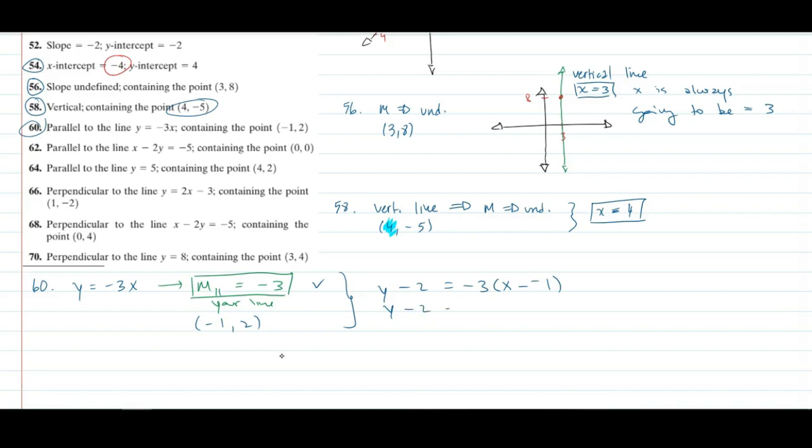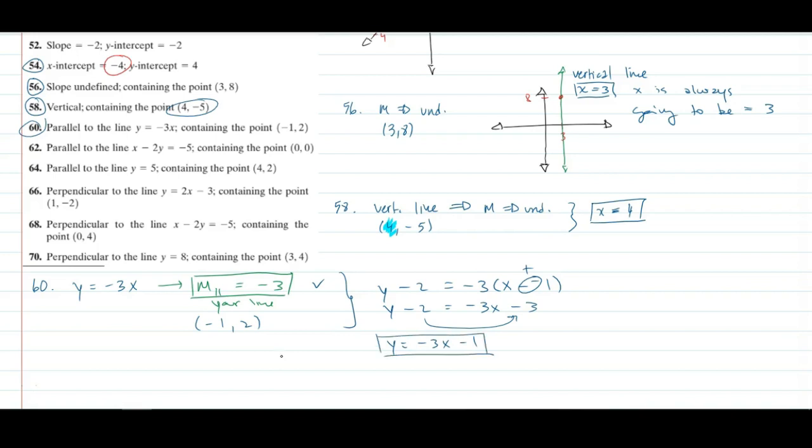Y minus 2 is equal to negative 3x, and then this right here is a plus, so that's going to make a minus 3. Bring the minus 2 over. Y is equal to negative 3x minus 1, and that is the equation of your line.